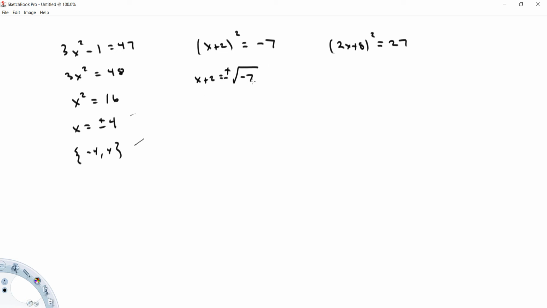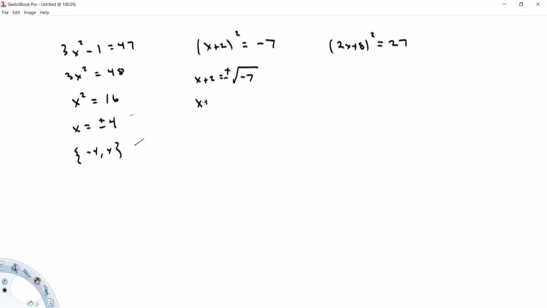Now let's talk about this thing a little bit more. The square root of negative 1 is i, and that can be brought out in front. Oops, and don't forget this is x plus 2 squared. Let me go back and rewrite this, sorry.